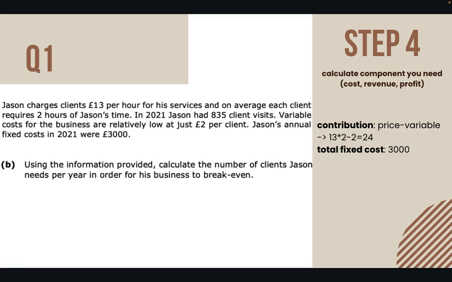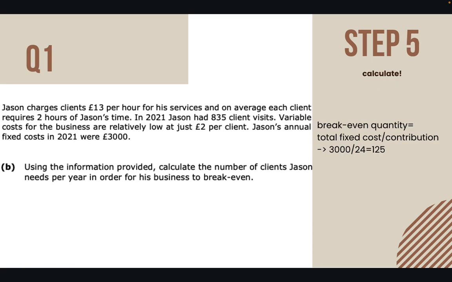So the contribution is the price minus variable cost. It is 13 times 2 minus 2, equal to 24. And the total fixed cost is $3,000. And step 5, we need to calculate it. So break-even quantity equals total fixed cost divided by contribution, which is 3,000 divided by 24 equals 125.